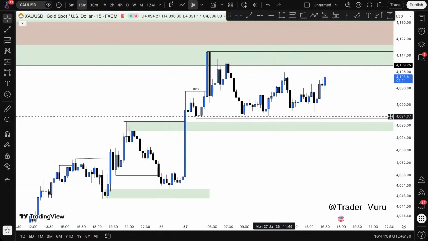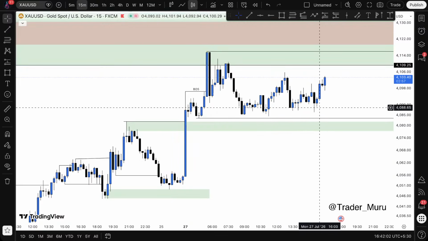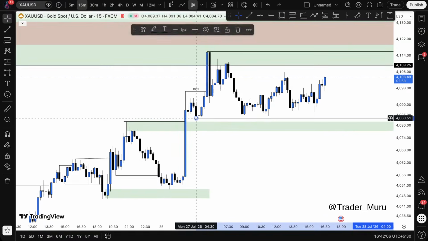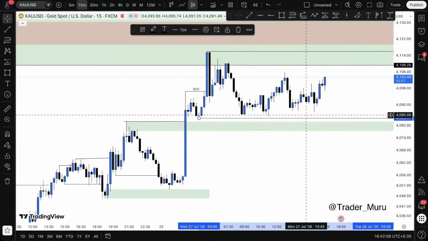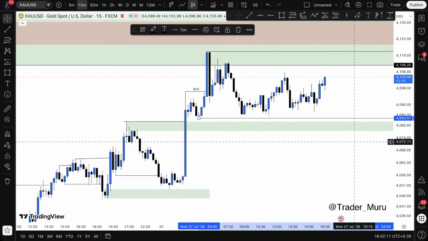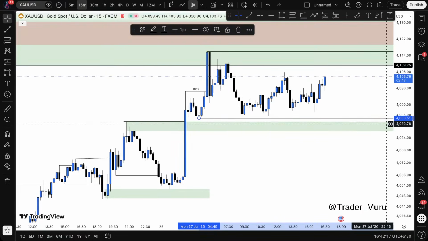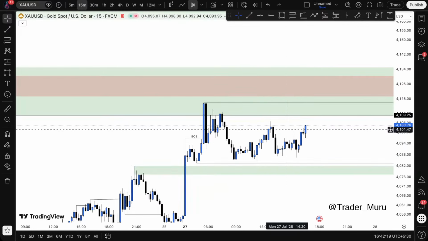So this is all inducement right now. People are buying with a stop loss just below this low. They will all get stopped out on a liquidity hunt. So if you want to add a long position, enter after a liquidity hunt, then it will be better. Right now there is no opportunity.